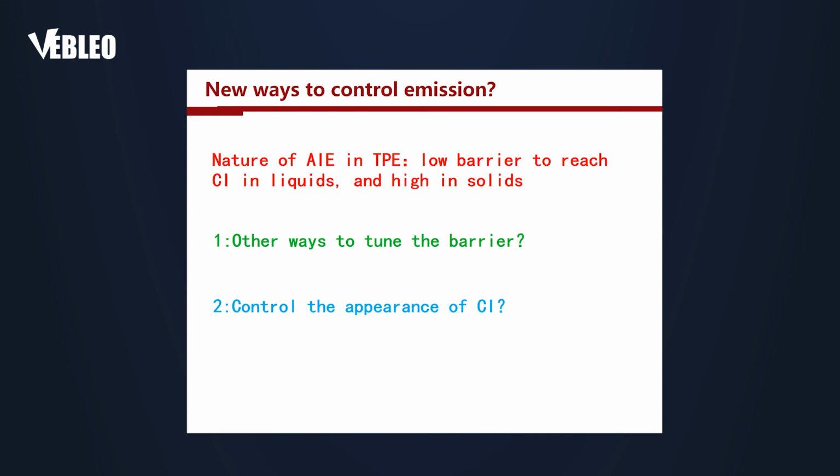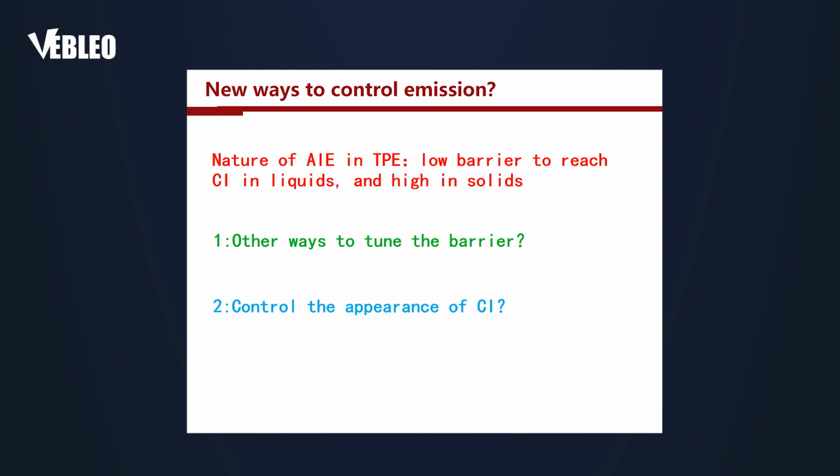So certainly they come with the first idea. Do we have other ways to tune the barrier to reach the CI? And further, can we control the appearance of the CI to control the emission efficiency?